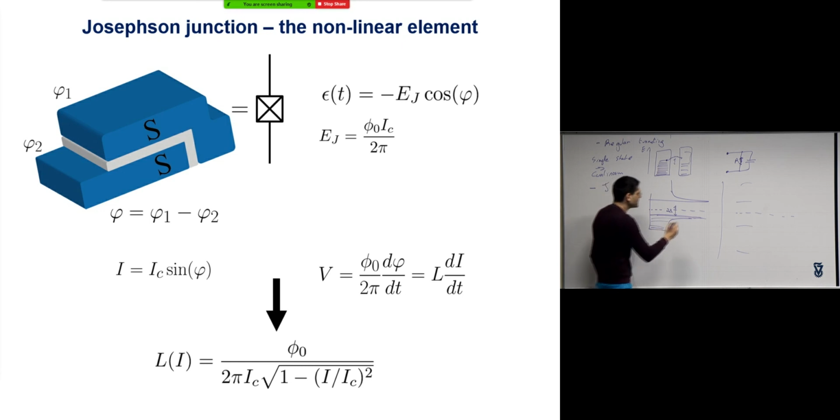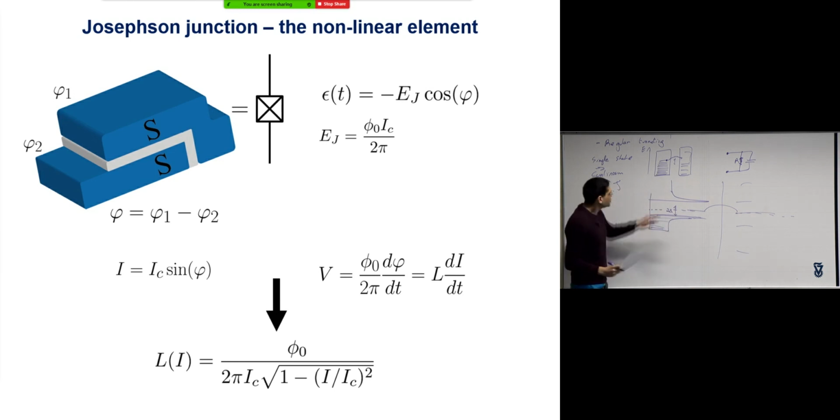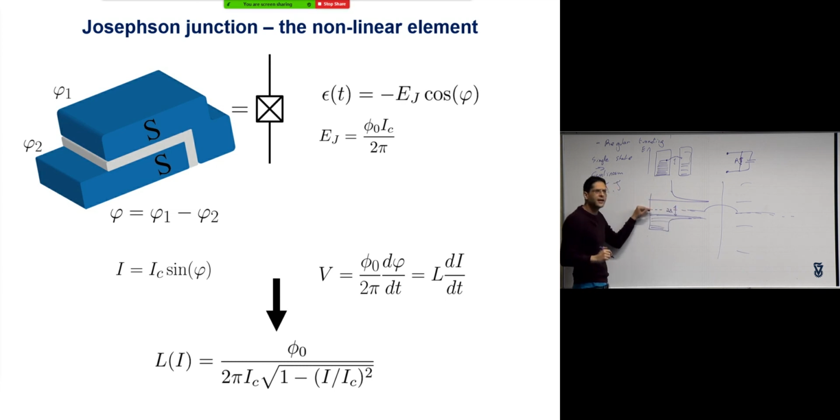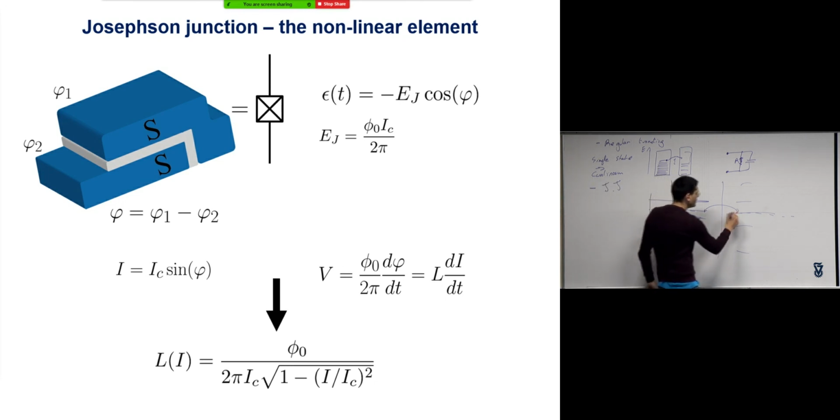What is happening is that you have tunneling from the condensate of pairs on one side into the condensate on the other. Here you have a degenerate level. Remember, this is many, many Cooper pairs condensed. Each Cooper pair is a boson, and you have this bosonic condensate, so you have many, many levels. You're going from one degenerate state to another degenerate state.